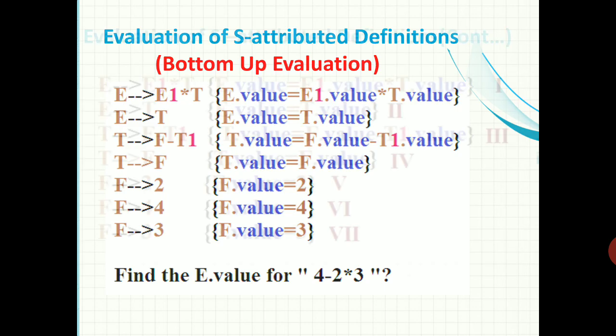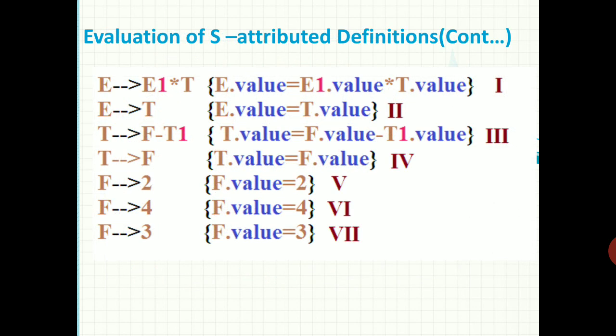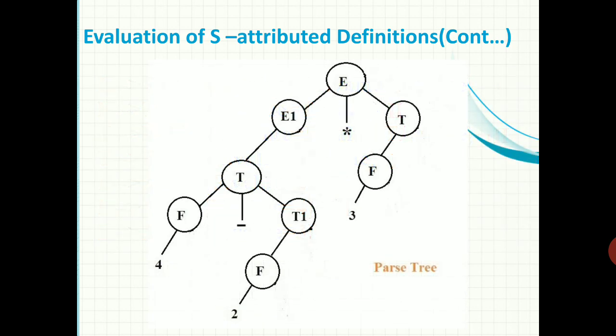For that, we are first assigning some numbers to the semantic rules, as we have done in the L attributed definition evaluation. Then we will create the parse tree for the same expression.